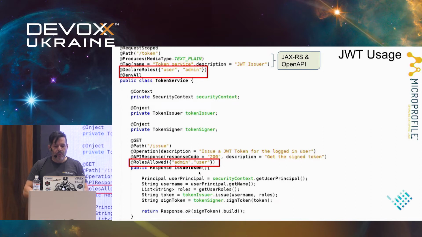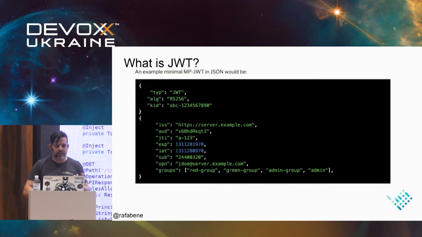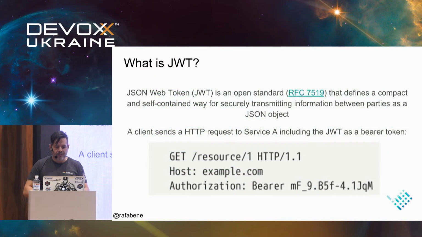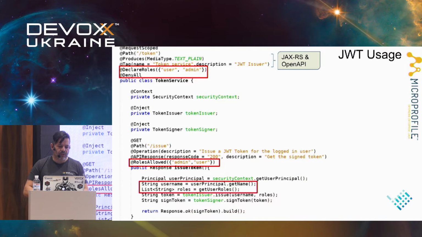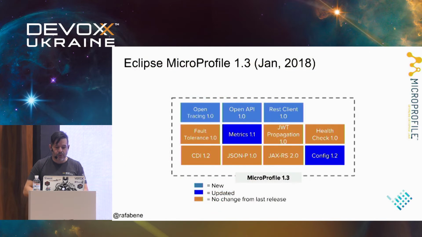So it's a simple way to get JWT, because it's a standard, right? And get those roles information. You can also use this method, get user roles from the user principal, to get a list of roles. And of course, get the token itself.